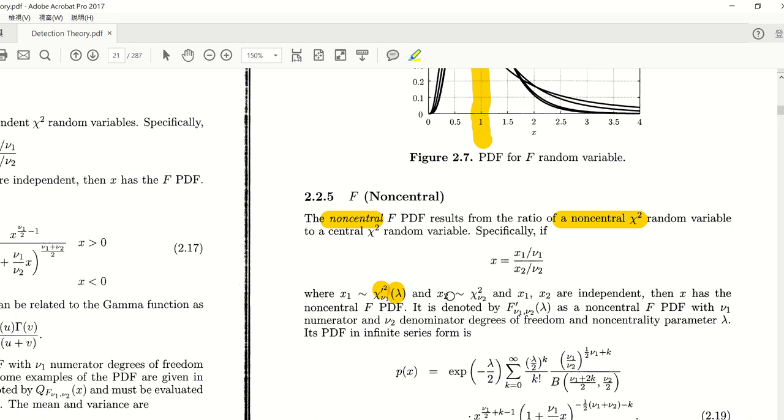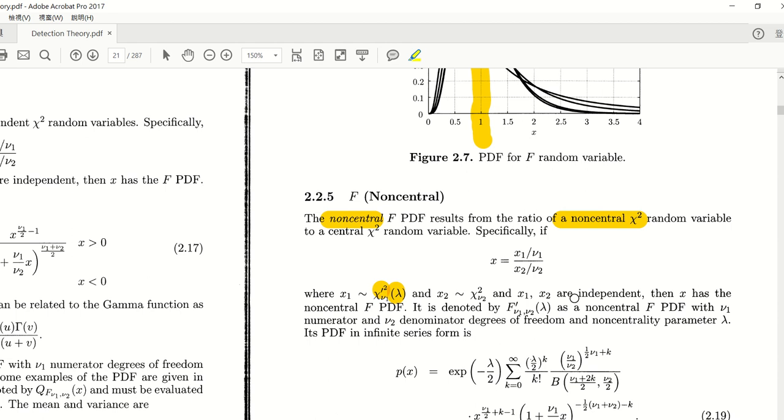And x2 is distributed as chi-square V2, and they have to be independent.